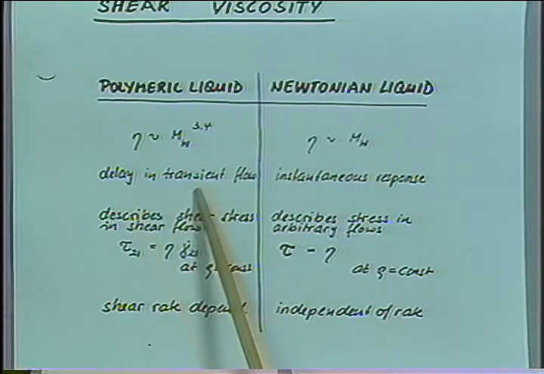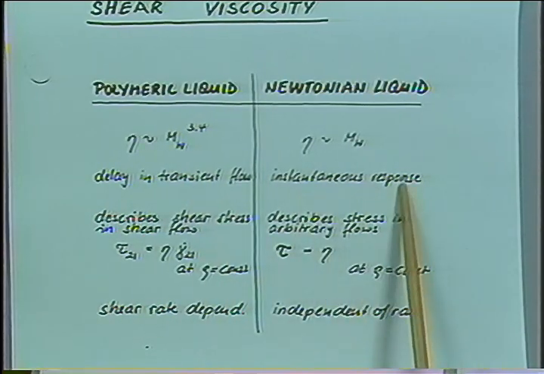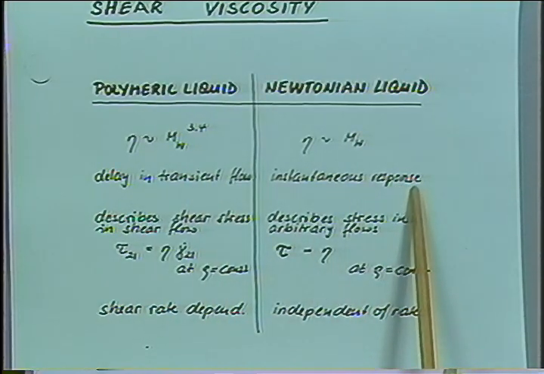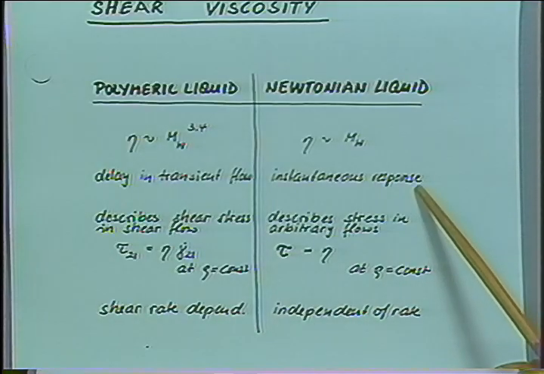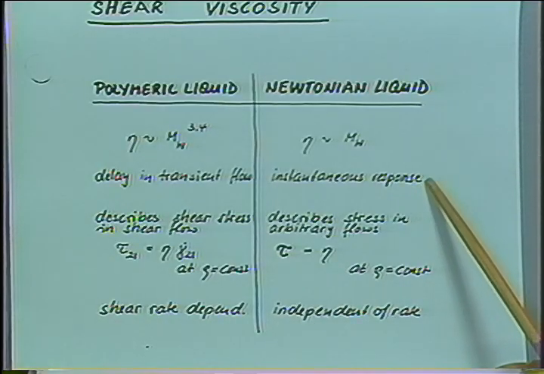The polymeric liquid during startup shows a delay in reaching steady shear flow conditions, while the Newtonian liquid instantaneously reaches steady shear conditions. Only inertial effects would hinder you from reaching steady state immediately.